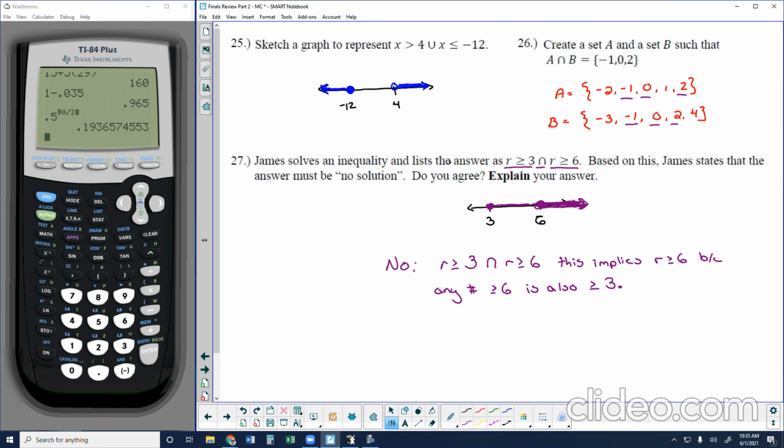So here it's asking for numbers that are greater than or equal to 3 and greater than or equal to 6. Any number greater than or equal to 6 is also greater than or equal to 3, so it satisfies both conditions. So the answer, no solution, would actually be incorrect.